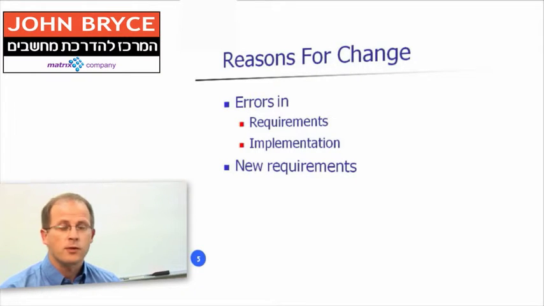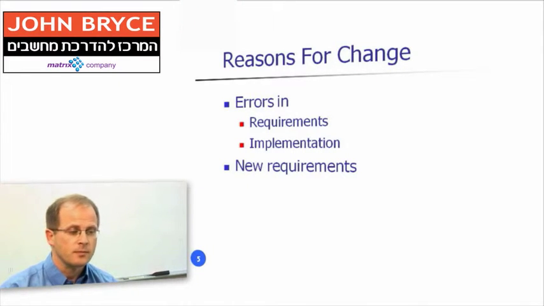Furthermore, software may be required to change because there are new requirements. And then, of course, there are many other reasons that the programmers themselves would like to do redesigns in order to make all of the other changes more efficient and easy to do. So there are many reasons for change, and in fact we must always take into account that software will change over time.